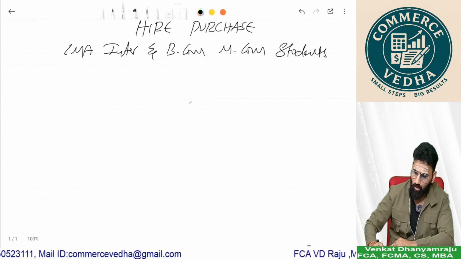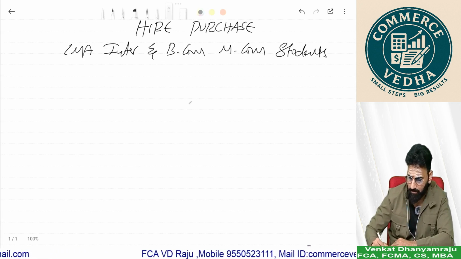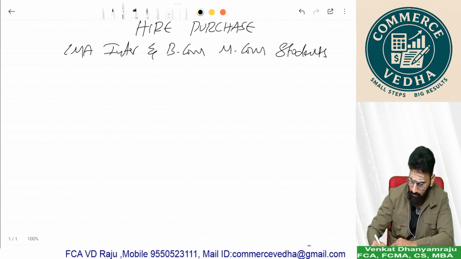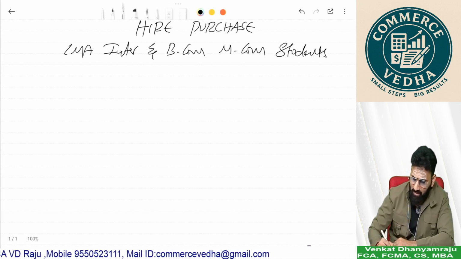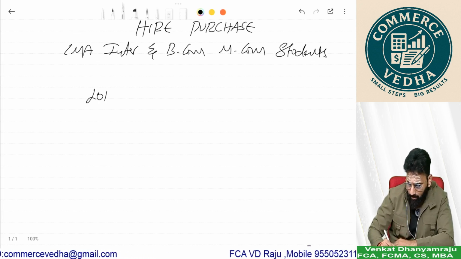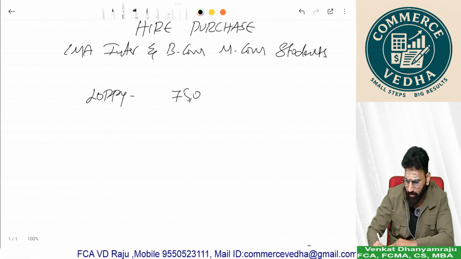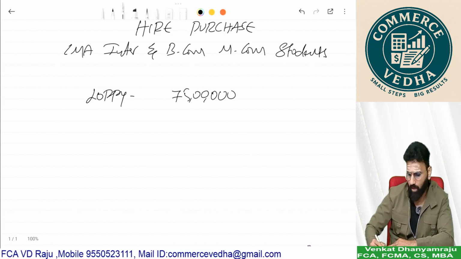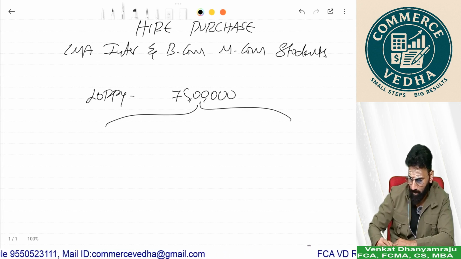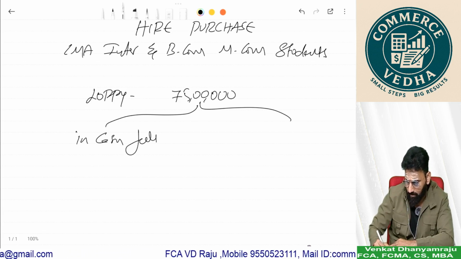Now, before going into the chapter, we should understand what is hire purchase, and especially for heavy vehicles. Say suppose a lorry. Assume a lorry is costing 75 lakhs. You have two options to buy. One is in cash, full payment.